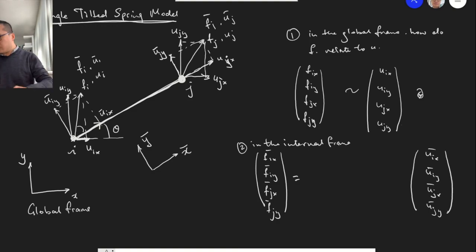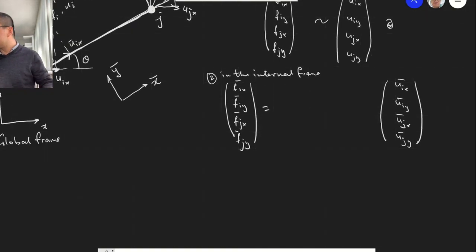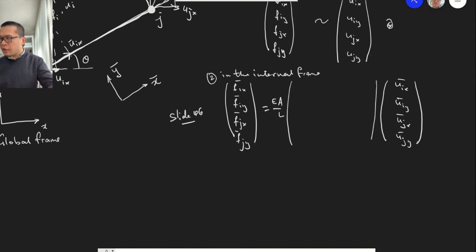This is what shows in your slide 46, which we know has a prefactor EA bar over L.